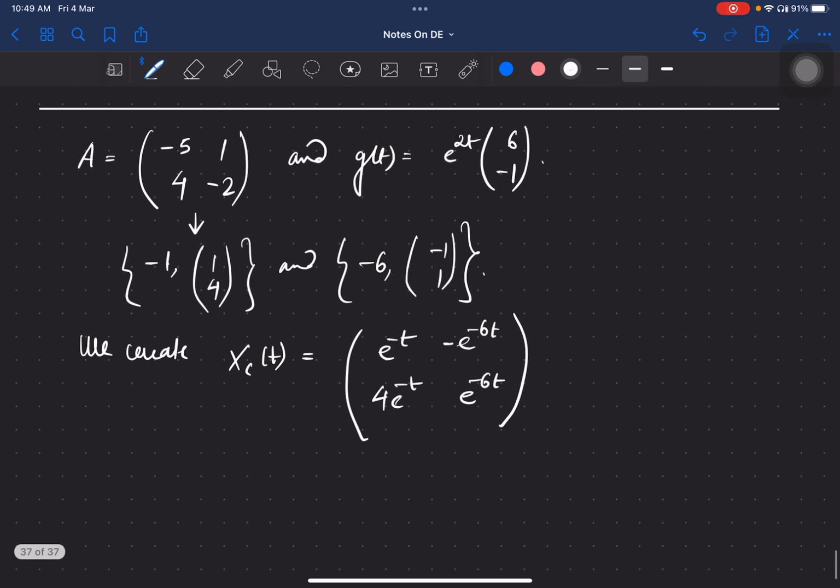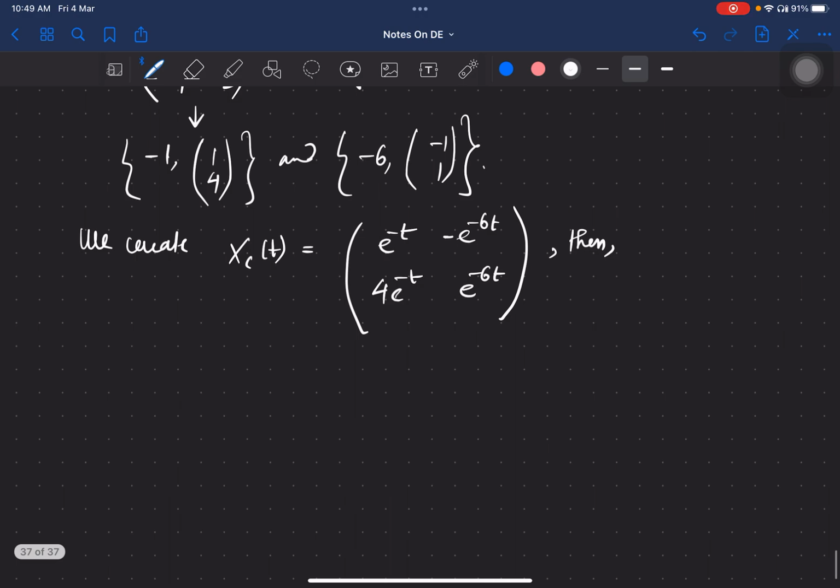so g(t) we already have. So then X inverse, you can always calculate, this times g(t). You can check it is e^{3t} minus 5e^{8t}.